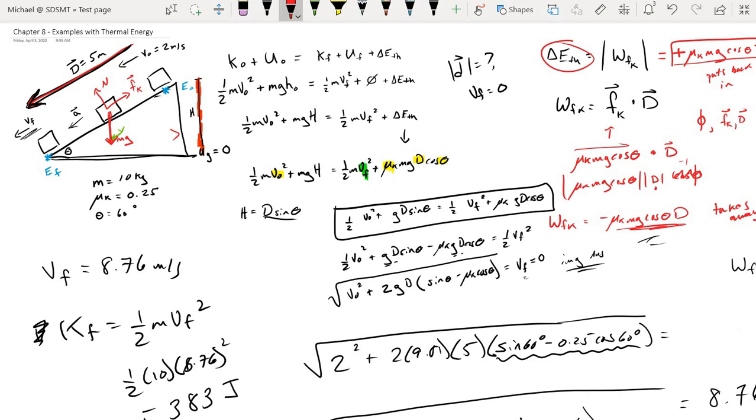If we look at the normal force, it is perpendicular to the displacement, and so it's not going to do any work. But gravity does have a downhill component that is pointing in the same direction as the displacement, and so gravity will do work.